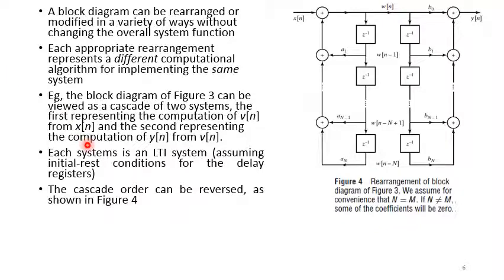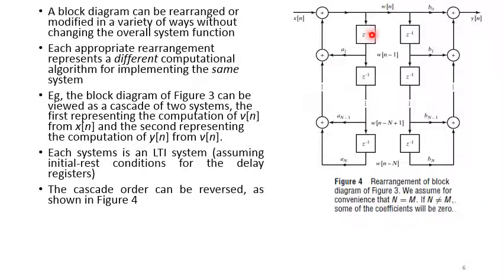Now each system is an LTI, and if we assume initial rest conditions, we can cascade them in any order. That means we can reverse the order of the cascade as shown here. In the previous slide we first found v and then this block, whereas if we reverse the two, it will not affect the result because the two systems are linear.